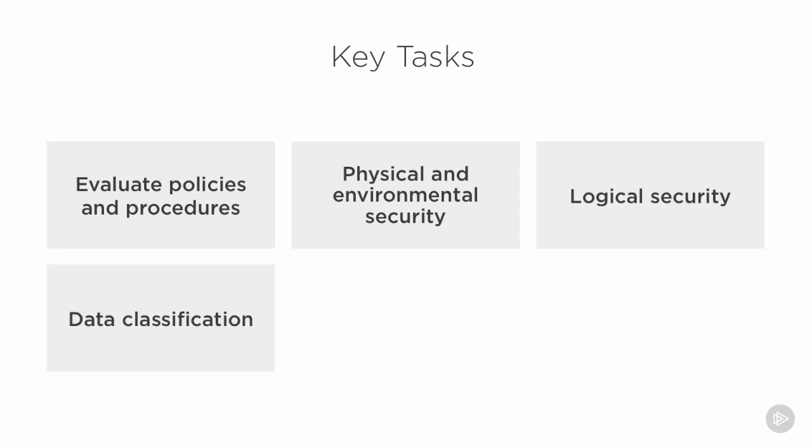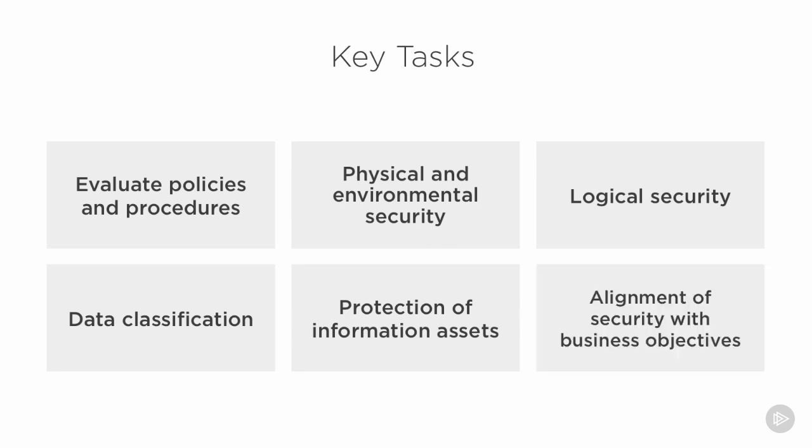We'll review the processes and procedures related to data classification and therefore the protection of those classified information assets. A key underlying theme through this entire program is to ensure that our IT systems and our data are secure, but in a way that is aligned with business objectives.